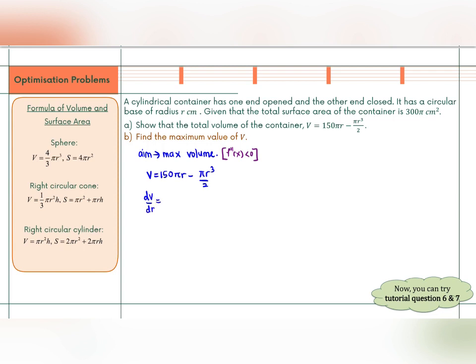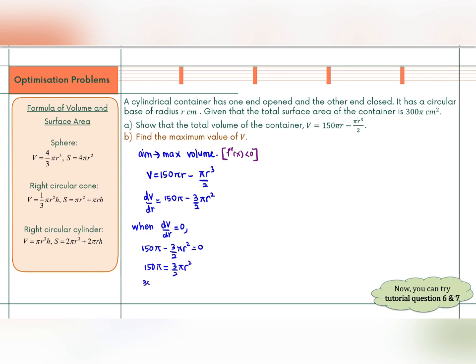Okay, so differentiating, we get 150 pi minus 3/2 pi R squared. This is my first derivative. I set my first derivative equal to zero to get the value of R. So 150 pi minus 3/2 pi R squared equals 0. 150 pi equals 3/2 pi R squared.